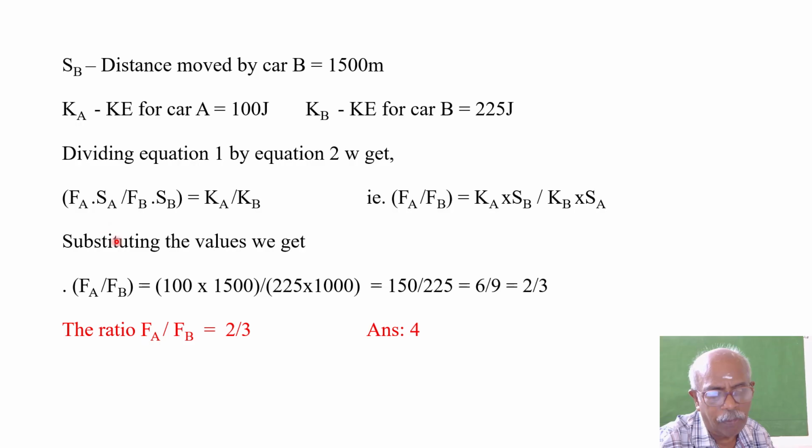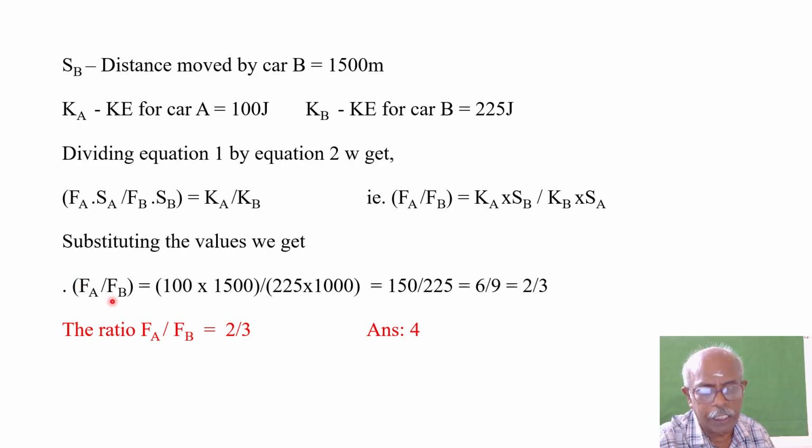So keep Fa by Fb on the LHS and bring other things to the right hand side. Ka by Kb is already on the RHS. Sb is in the denominator here, so when it goes to the RHS, it will be in the numerator. So Ka into Sb divided by Kb into Sa. Now you can substitute the values.